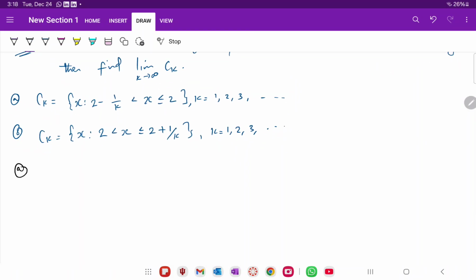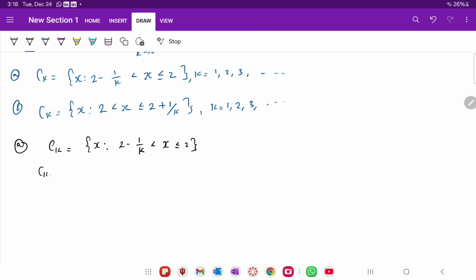For part A, our Ck is given to be x such that 2 minus 1 over k is less than x less than or equal to 2. So you see that our Ck plus 1 is x such that 2 minus 1 over k plus 1 is greater than the previous one.